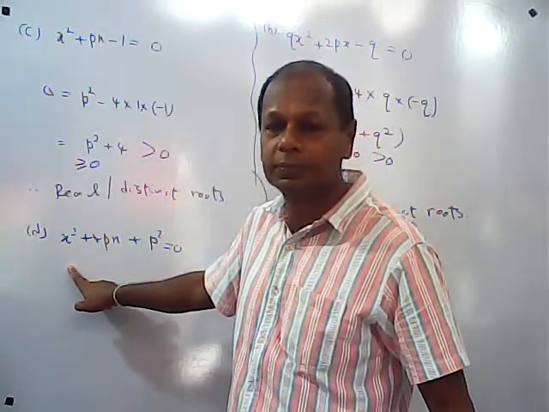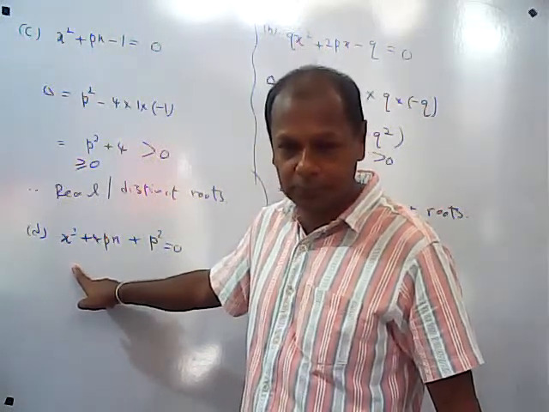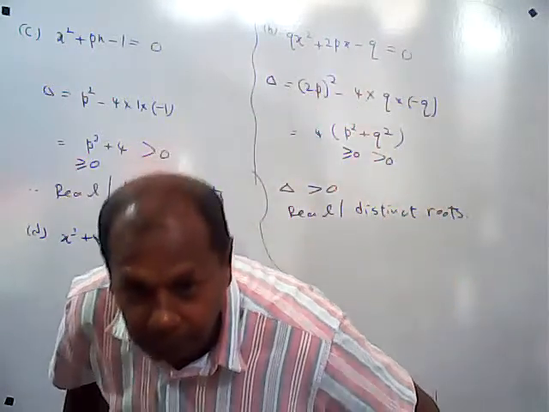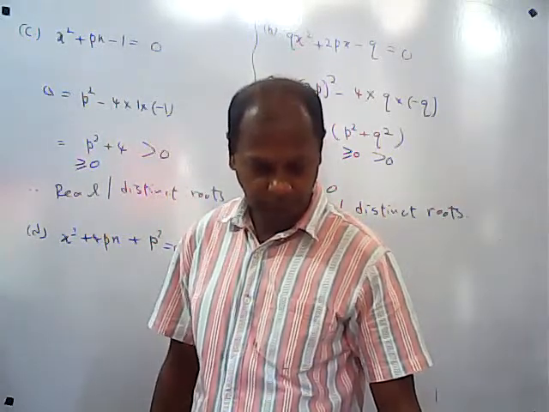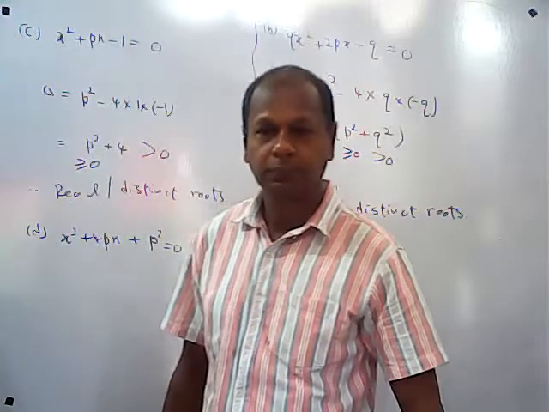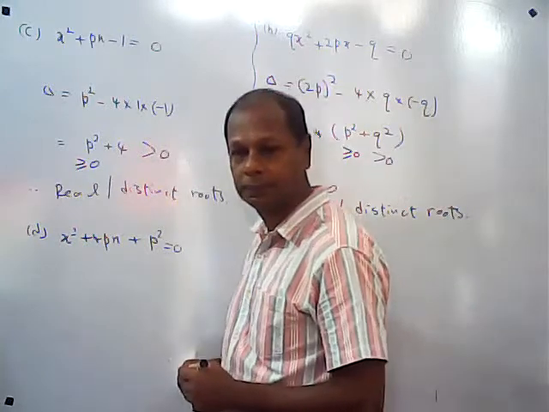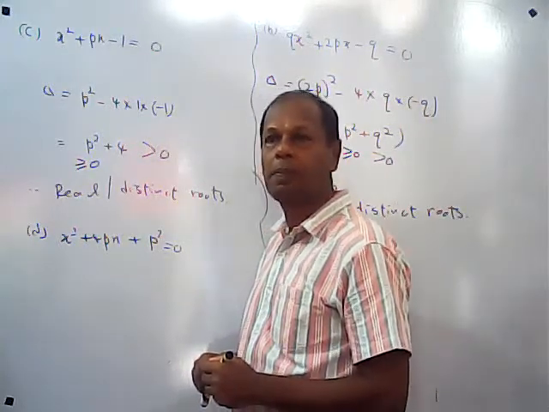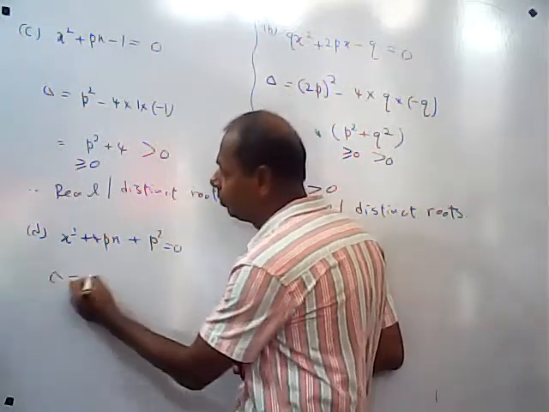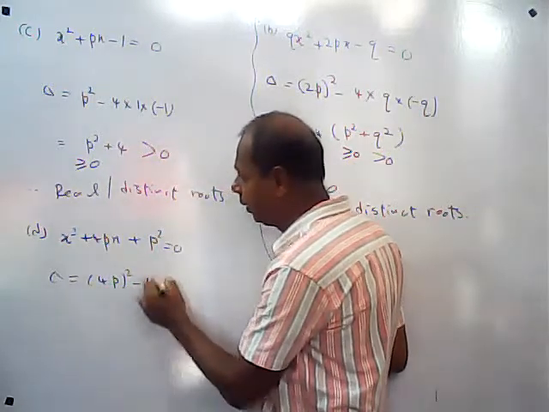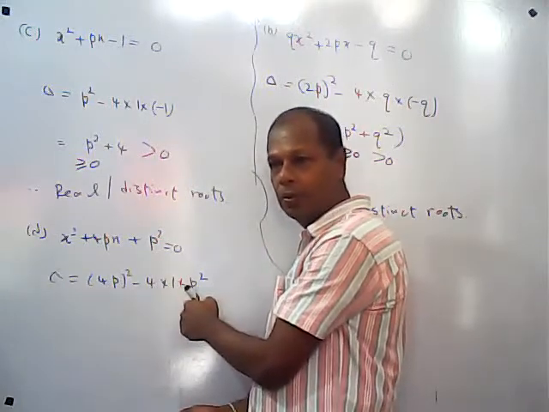What did you find? B squared minus 4AC, A is 1, C is p squared. 16p squared minus 4p squared.